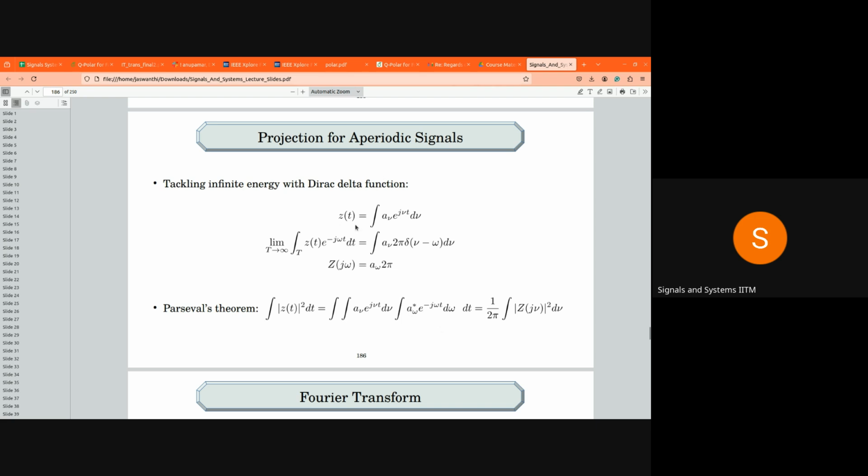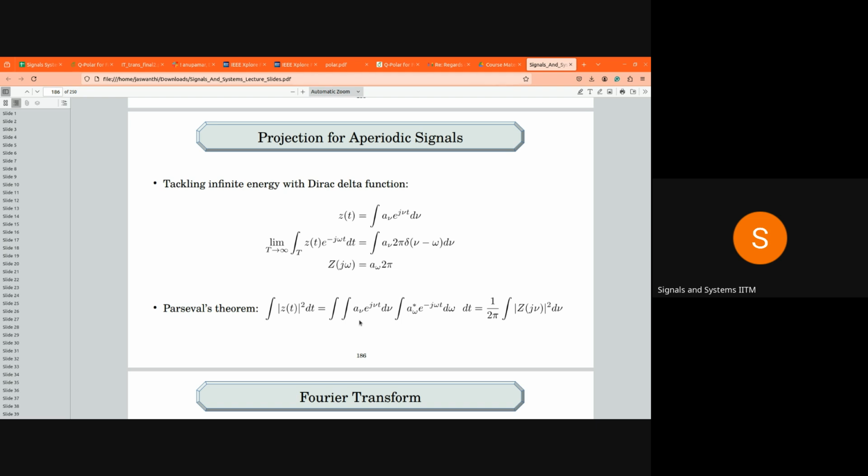The same z of t can be represented as the integral of z(omega) e^{j omega t}, and we all know that mod z of t whole square is equal to z of t times z star of t, which is the conjugate version of that signal. That is what is being written over here, but I hope the detailed calculations happened in your lecture video.